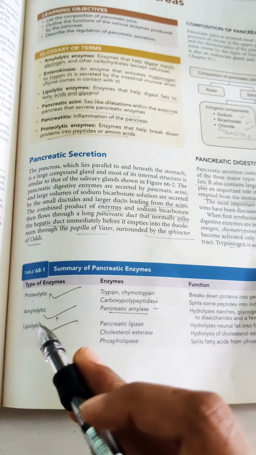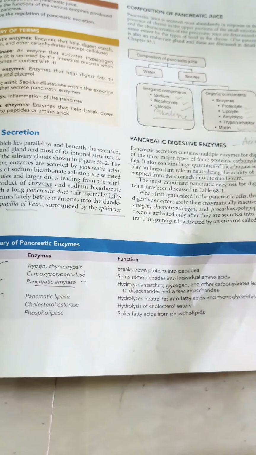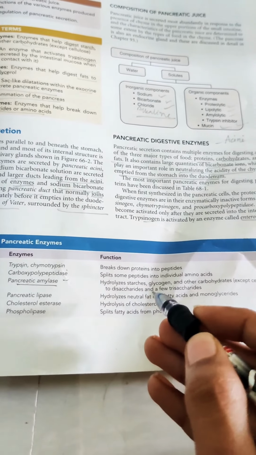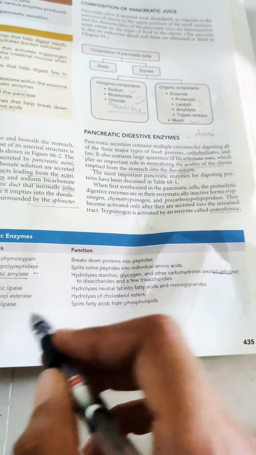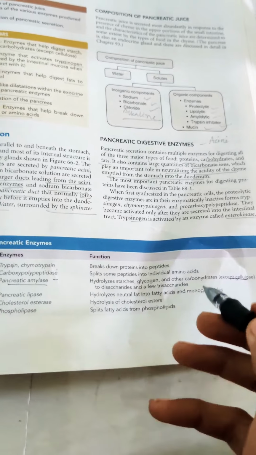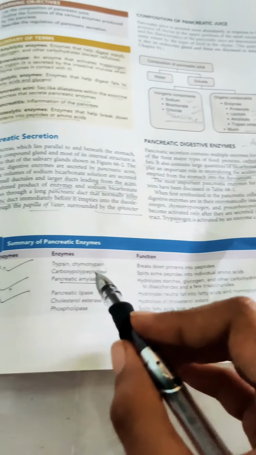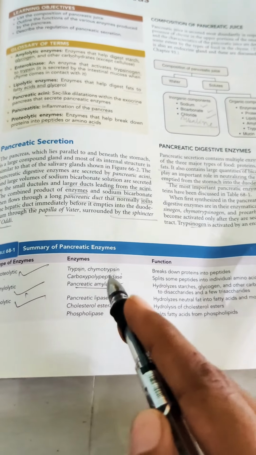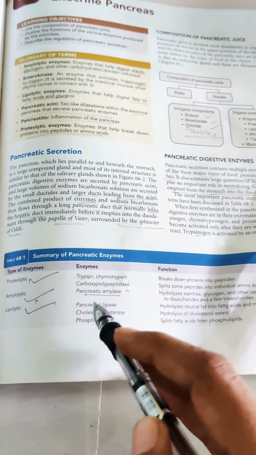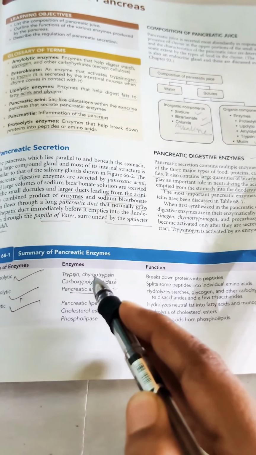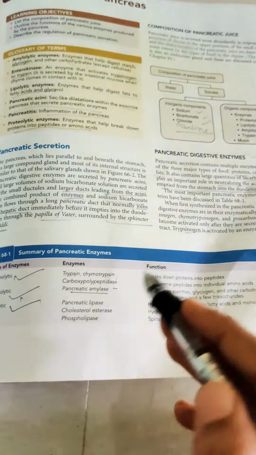Next, pancreatic amylase tries to hydrolyze starch, glycogen and other carbohydrates, remember except cellulose, to disaccharides or trisaccharides. And the proteolytic enzymes break down the proteins into peptides or amino acids.